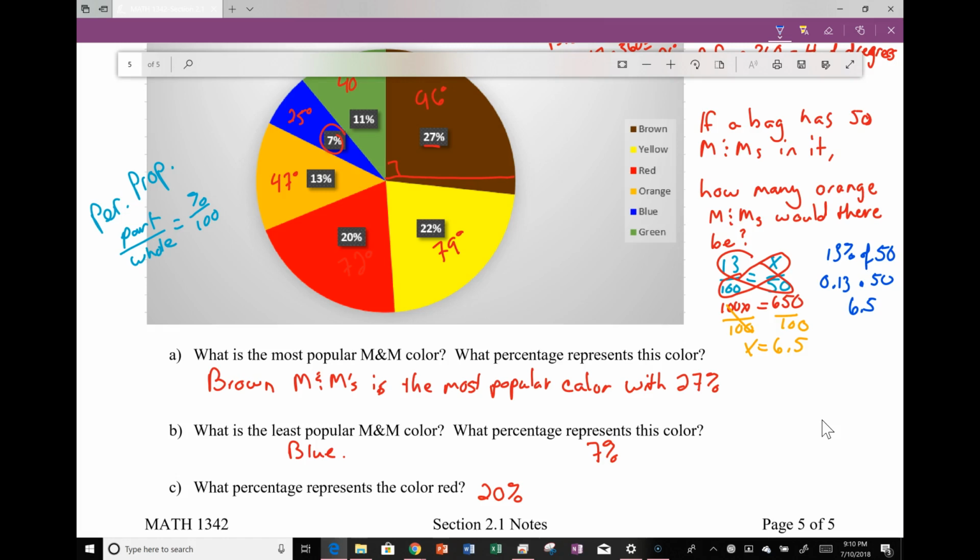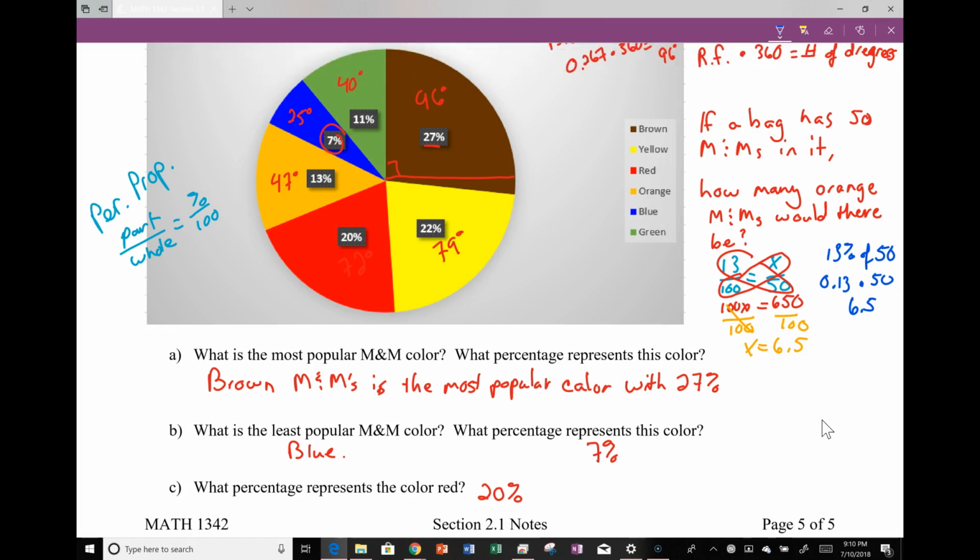So make sure that you have been able to look at percents, percent proportions, how to find the percentage of a number. This is a way of helping us read through our pie charts, which is extremely helpful if we have a pie chart and we can find the percentage or find the number, such as our salaries.